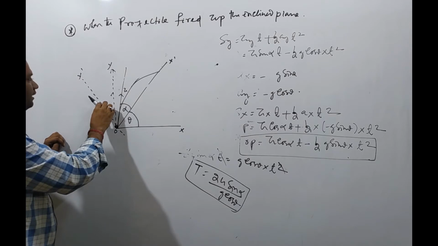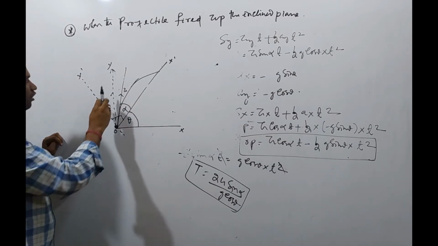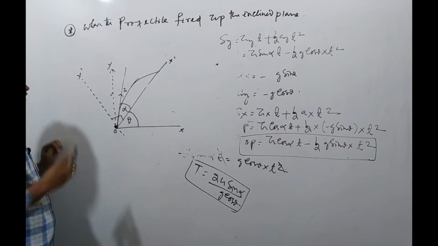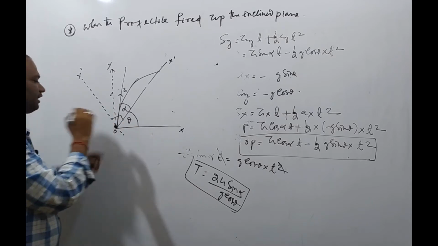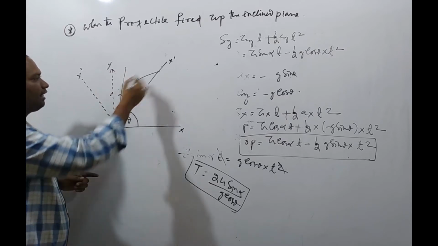Here y dash is perpendicular to x dash and y is perpendicular to x. The body is here. The body is to be projected from this point to this point.